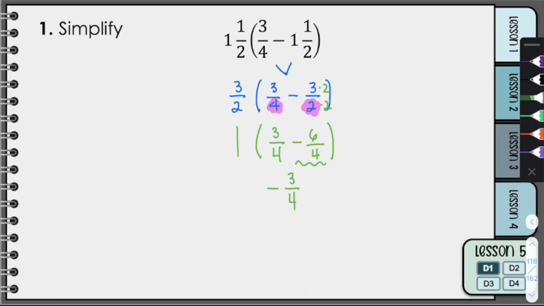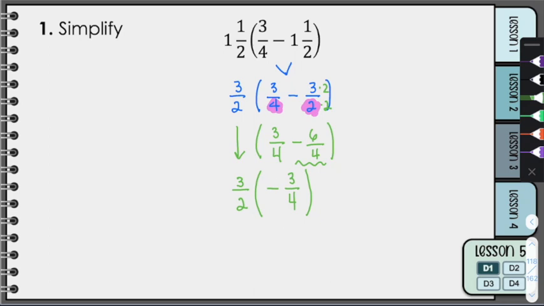I'm going to bring the 3/2 down, and remember there's parentheses around here, so 3/2 multiplied by our negative 3/4, because those parentheses are representing multiplication, because there's no sign in between either one of them. So it's not addition, it's not subtraction or division, you would be multiplying.